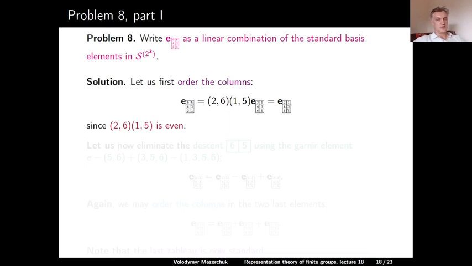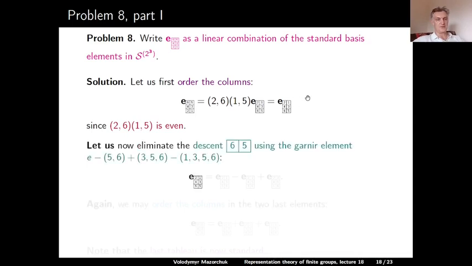Now our columns are ordered, so we need to eliminate all row descents. We start with the row descent 6, 5, and need to start as low as possible with maximal numbers. We can eliminate it using the Garnir element identity: identity minus the transposition (5 6) plus the 3-cycle (3 5 6) minus the 4-cycle (1 3 5 6).